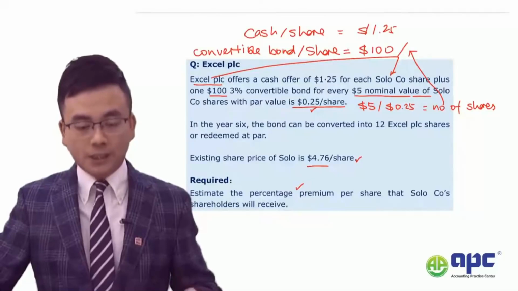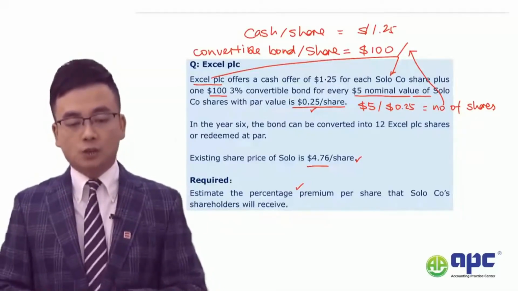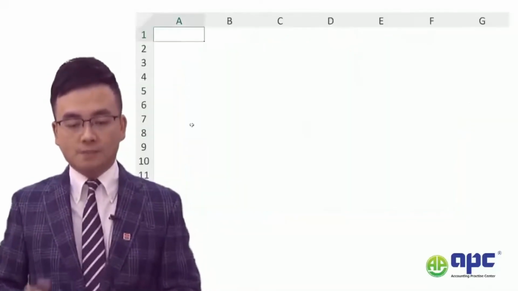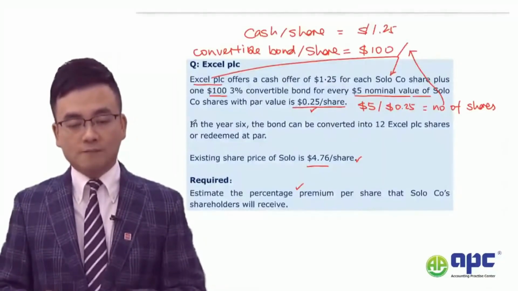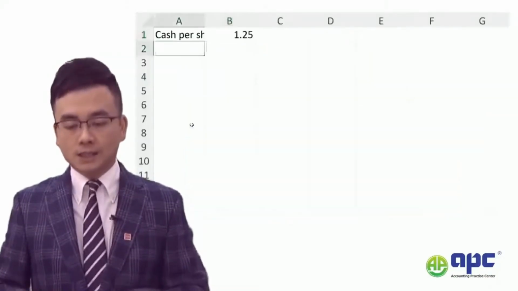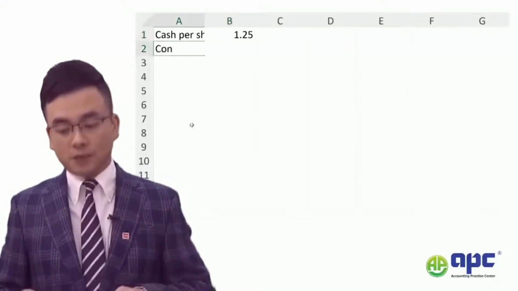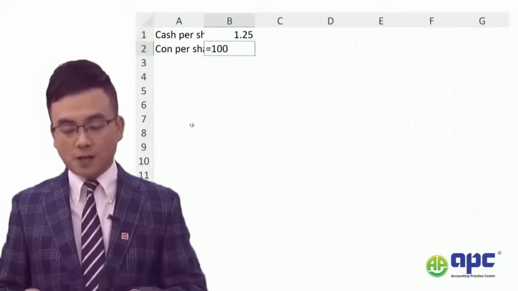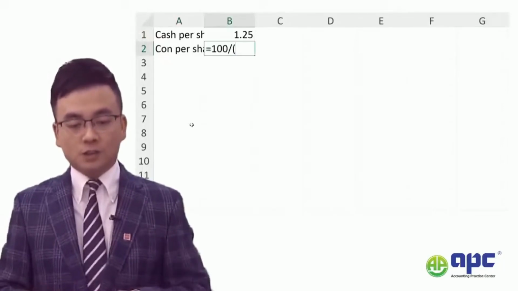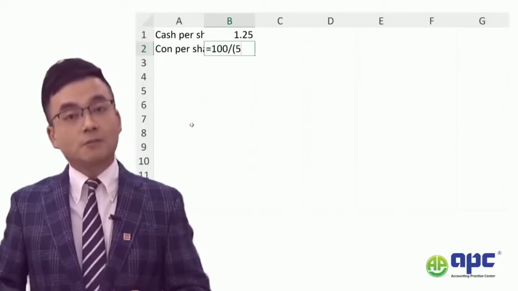Now, let me open the Excel. The cash per share, we're told directly, is 1.25. Now, we need to work out the convertible bonds per share. As I said, I take the nominal value of a convertible bond of 5 over $0.25 each, and that would give me 5.